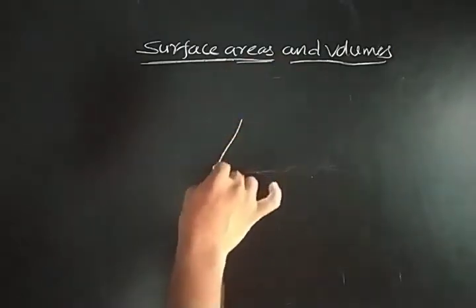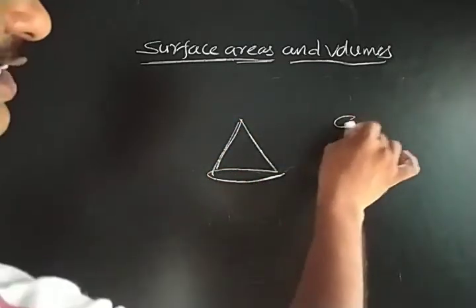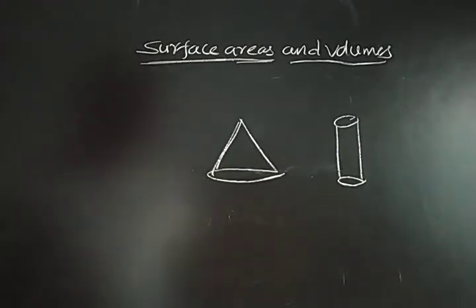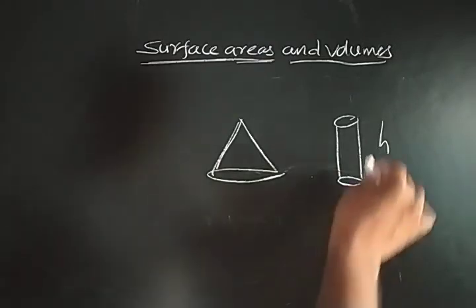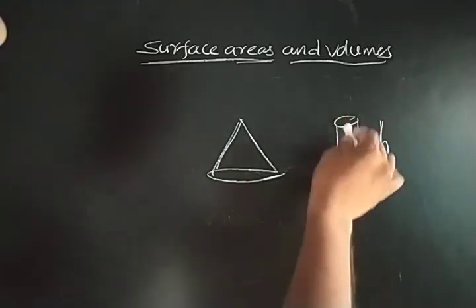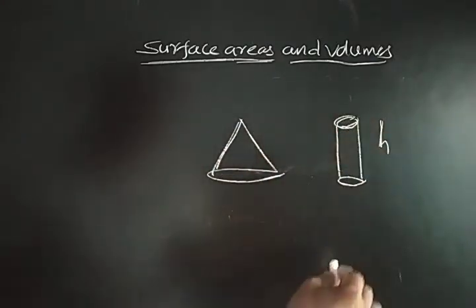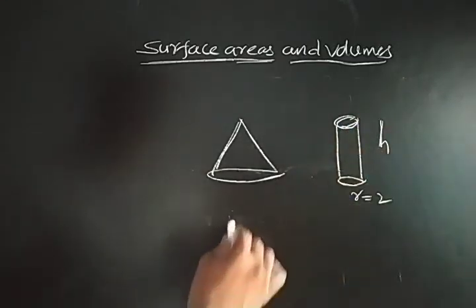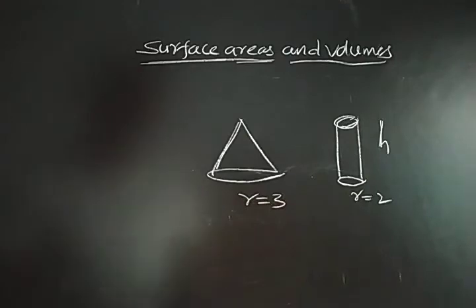Suppose I am melting one cone and recasting into a cylinder. I need the height of the cylinder after melting the cone and recasting into a cylinder. They will give the radius of the cone, suppose 3 centimeters, and height 2 centimeters.